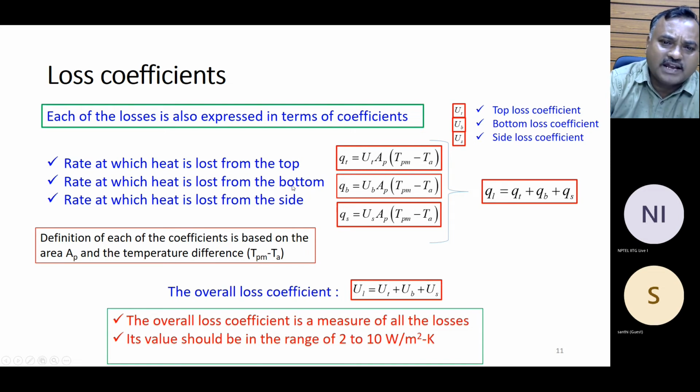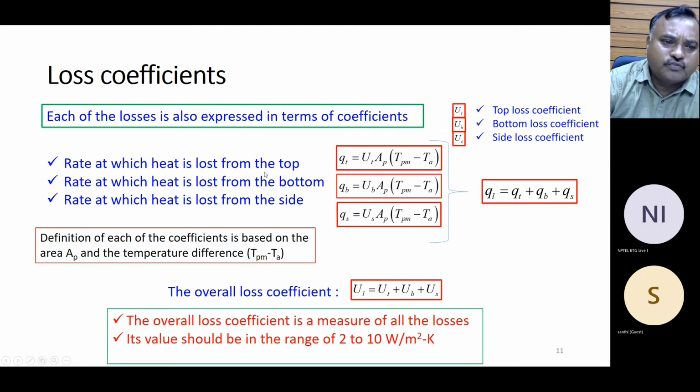Then accordingly you can do it for the other heat losses as well, like from the bottom and the sides. If we add these three components, QT plus QB plus QS, it will be something like this, because this temperature difference is common for all three equations. That's how we can write QL as the sum of QT, QB and QS.